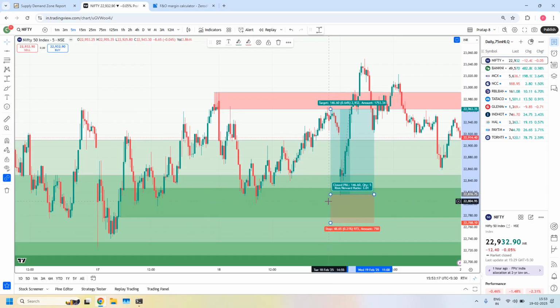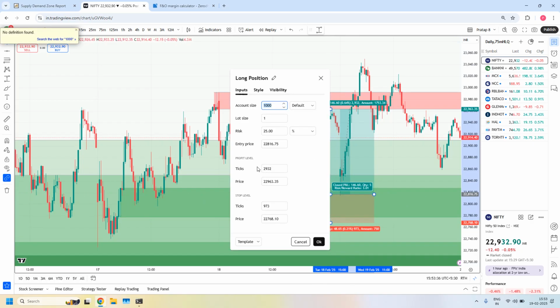But anyway, here I have fine-tuned the entry up to here. Do we have a risk within 2%? What is the risk involved here? Let us calculate first. See, this is your entry and this is your stop loss, including stop buffer. This is your stop loss. So let me deduct both these values from entry.